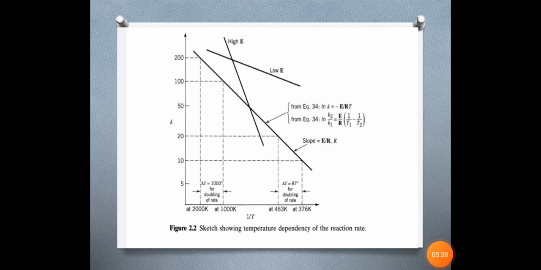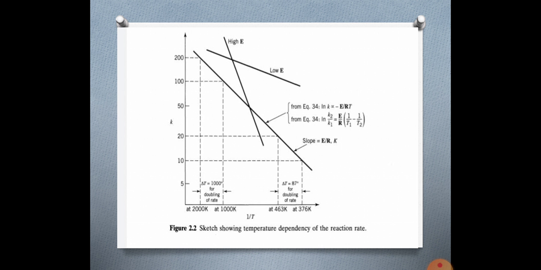If we compare with the equation of a straight line, Ea by R is m, 1 by T is x, ln A is b, the constant, and ln k is the y term.